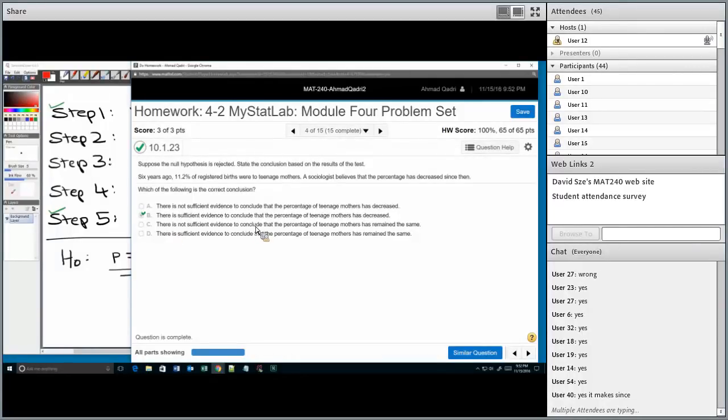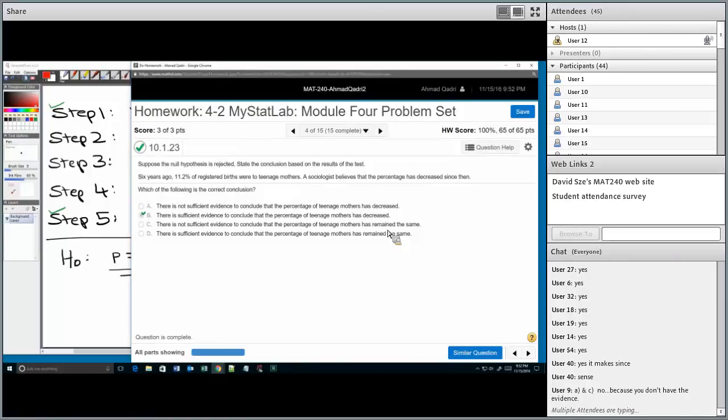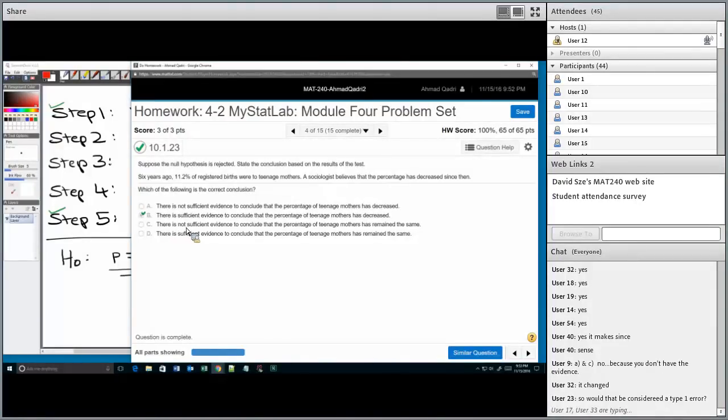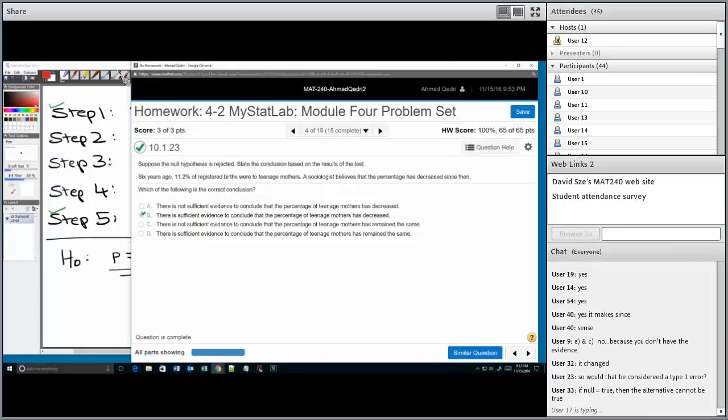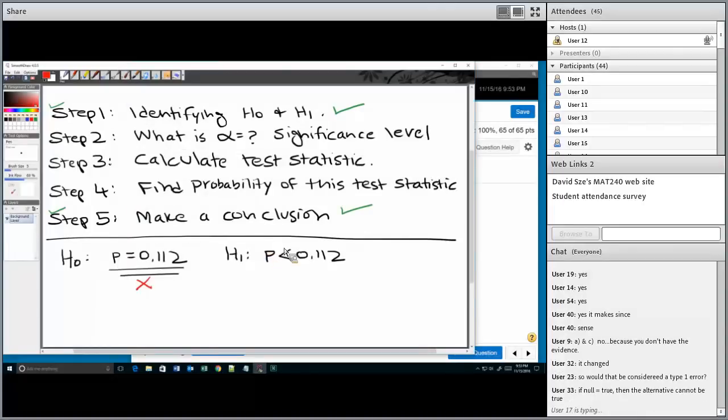Let's look at C. There is not sufficient evidence to conclude that the percentage of teenage mothers has remained the same. Does that make sense? It doesn't. But that's what it means: it has changed, but we're not testing change.